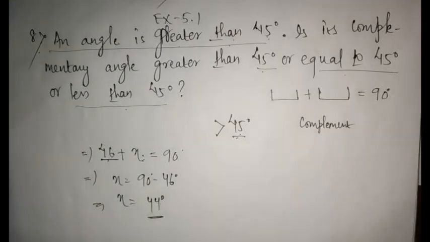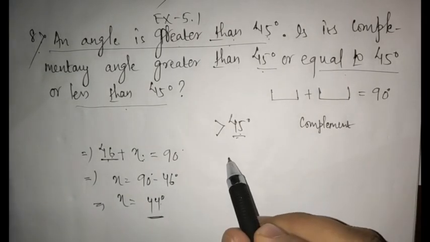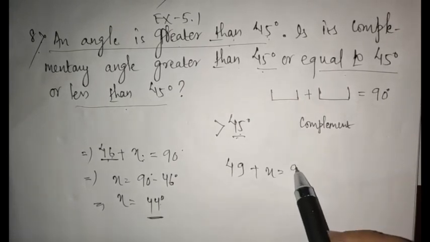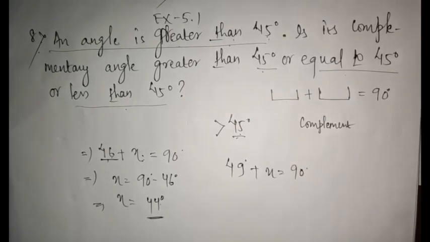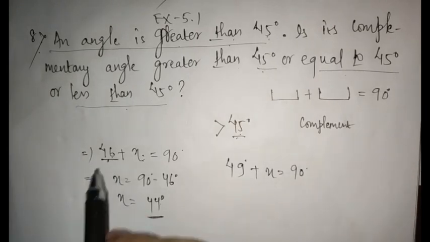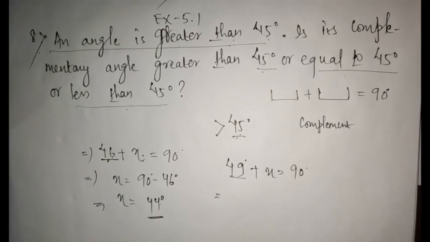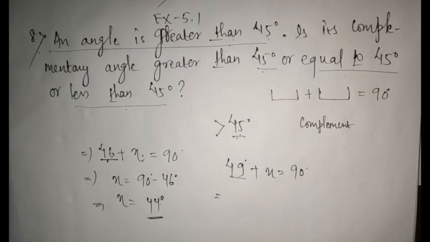So you can see here that the complement of this angle is less than 45 degrees, right? If I choose another angle, say 49 degrees, plus x, we have to choose greater than 45 degrees, that's why I chose 46 before, and now I have chosen 49 degrees. You can take 50 also and see whether the complement is greater than, less than, or equal to.